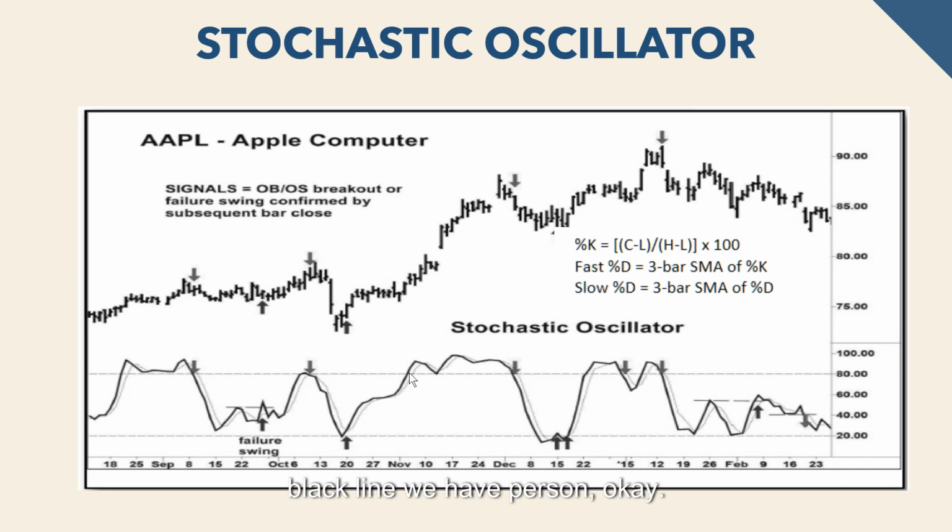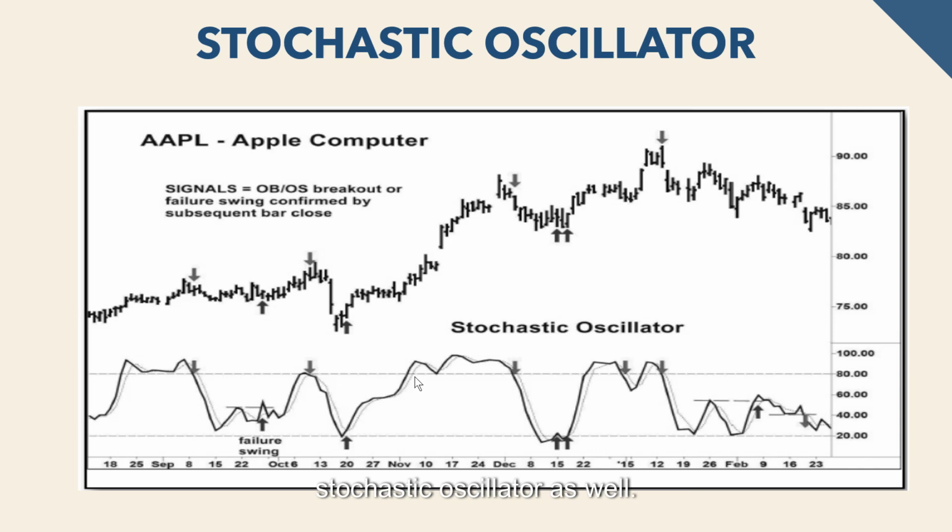We have %K, fast %D, which is this black line, and slow %D, which is this gray line. With this, we arrive at the stochastic oscillator. Similar to all other interpretations, divergence, trend line, patterns, overbought and oversold apply to the stochastic oscillator as well.